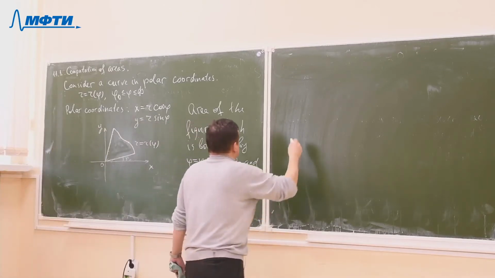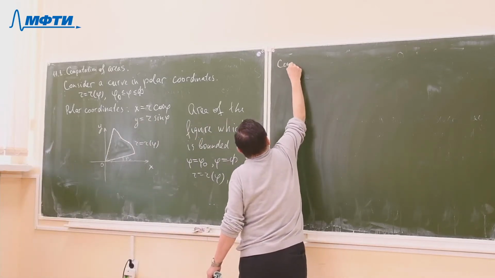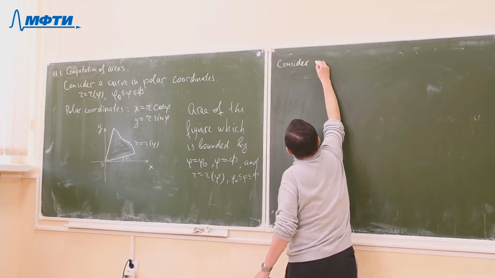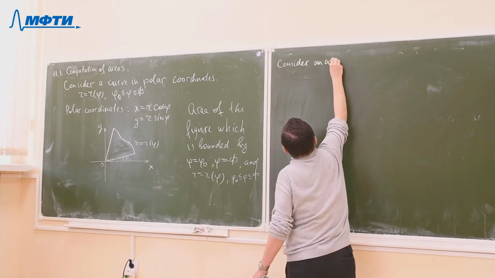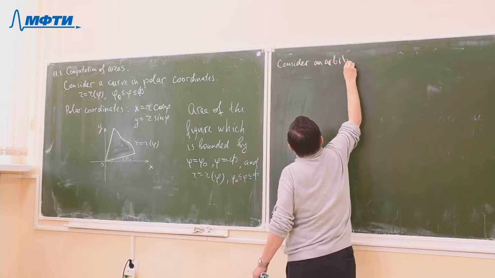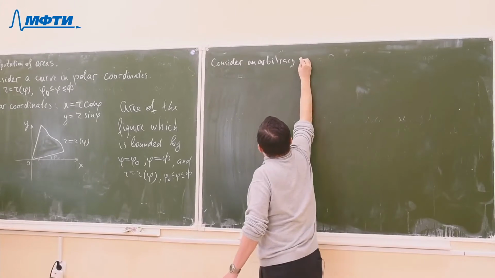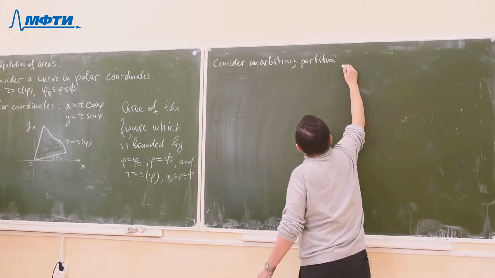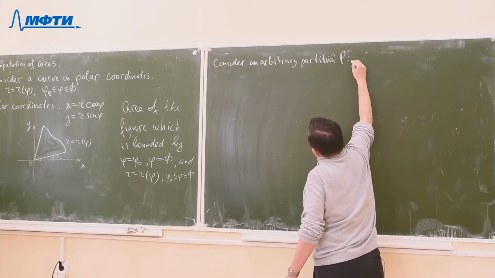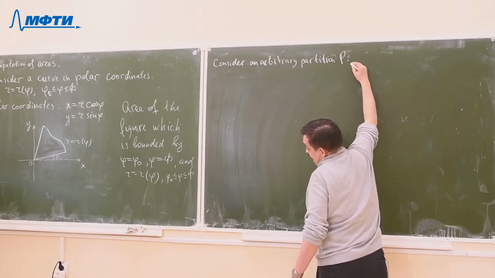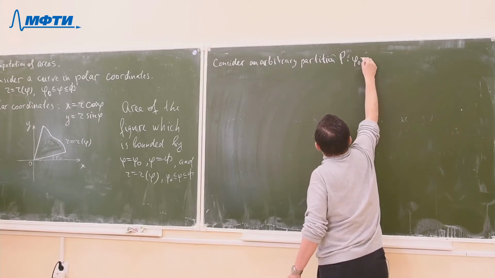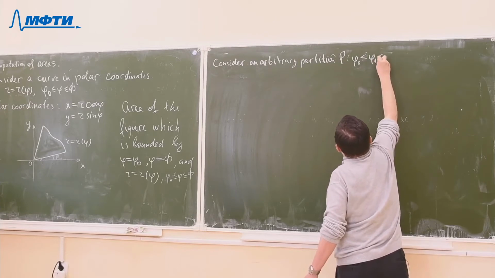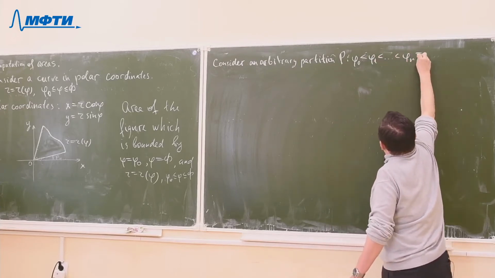If we consider an arbitrary partition P of our interval of phi, phi naught less than phi 1, and so on, phi n equals capital Phi.